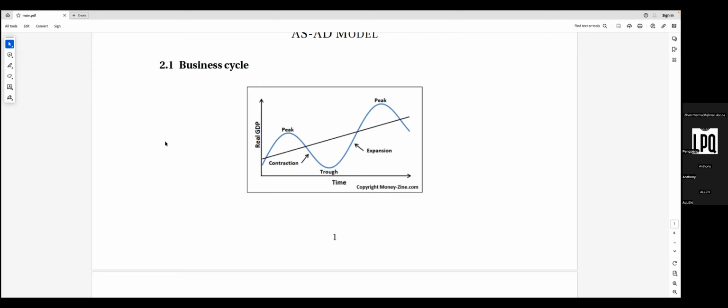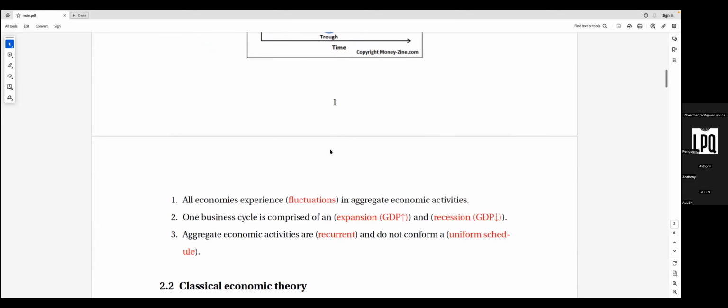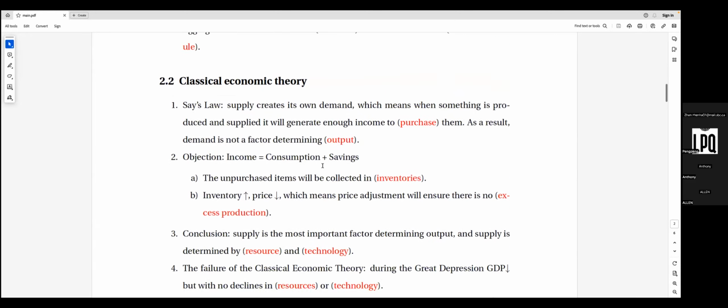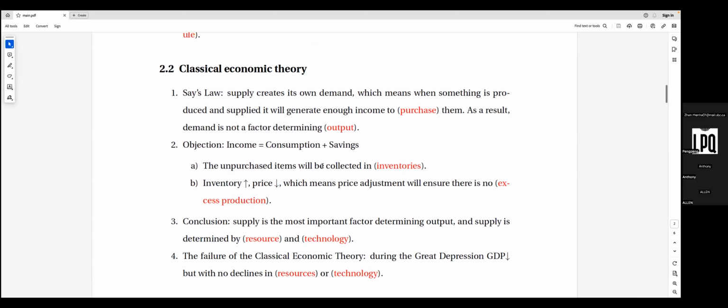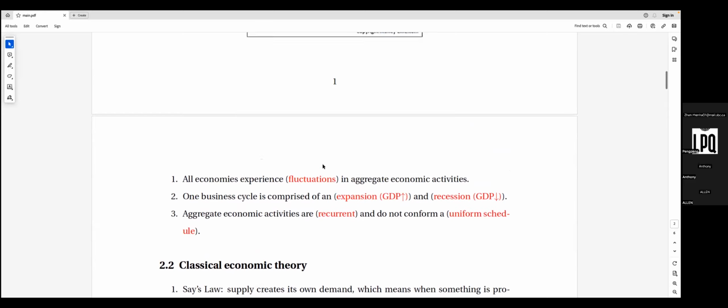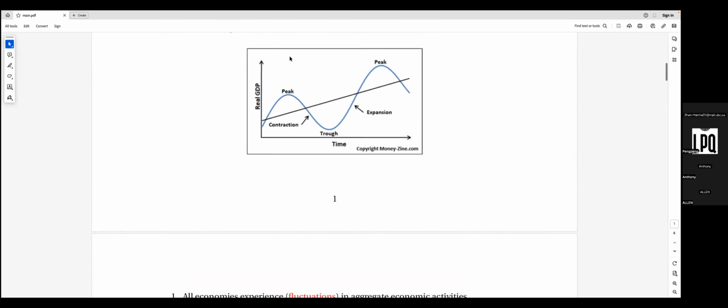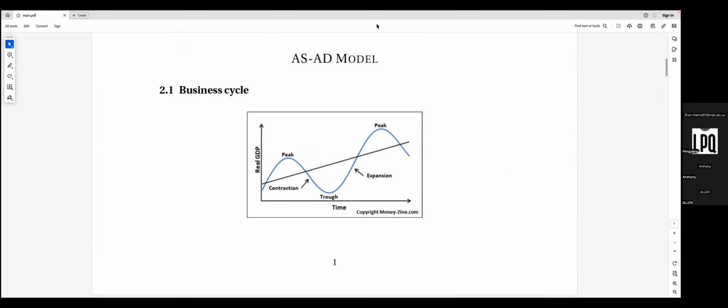We don't like this kind of big fluctuations, because big fluctuations, these business cycle ups and downs, can bring out something called uncertainty. As human beings, we don't like uncertainty. Instead, we like something called certainty.